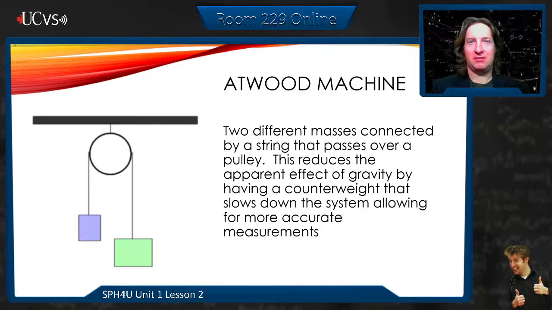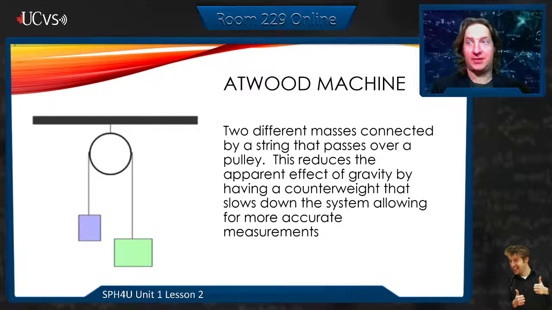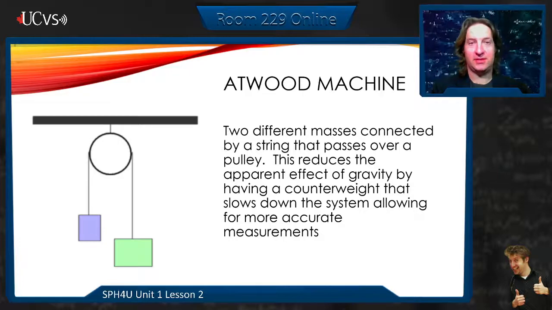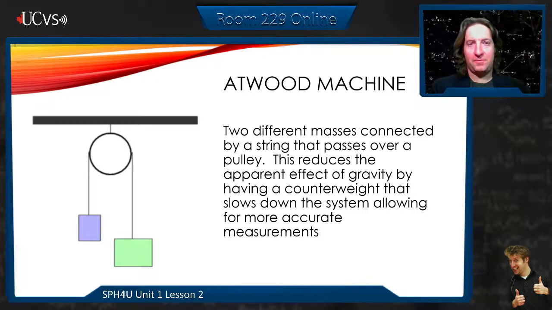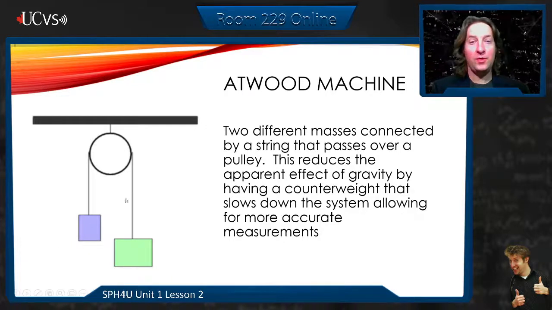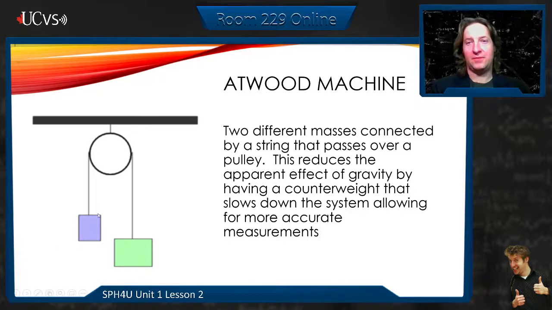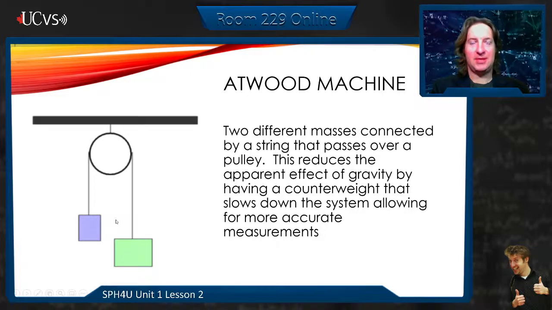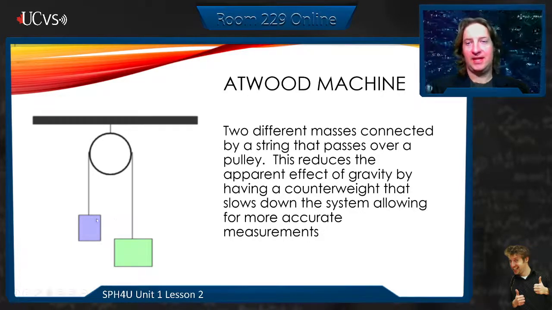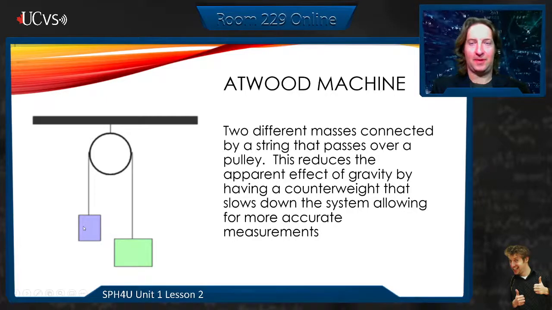And given the experimental apparatuses that they had in the 17th century, it was difficult to calculate things using dropping objects. So they came up with this idea of having a counterweight to slow things down, so that instead of things dropping with every second increasing speed by 10 meters a second, they had a counterweight to slow it down.